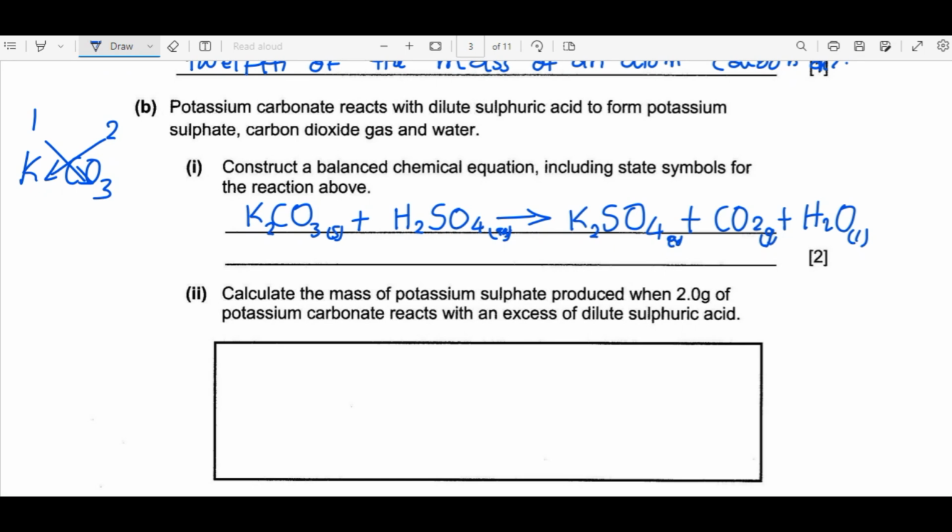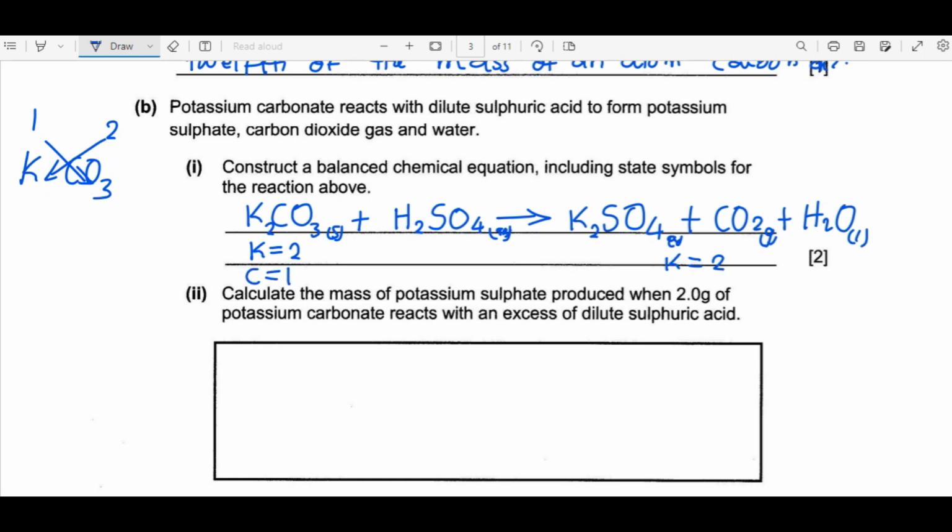So let's see if this equation is balanced or if we need to do some balancing. So our equation, if you look at this equation carefully, our equation is balanced. Check. From the reactant here, we have 2 atoms of potassium. On the product, we have 2 atoms of potassium. Then let's check for carbon.